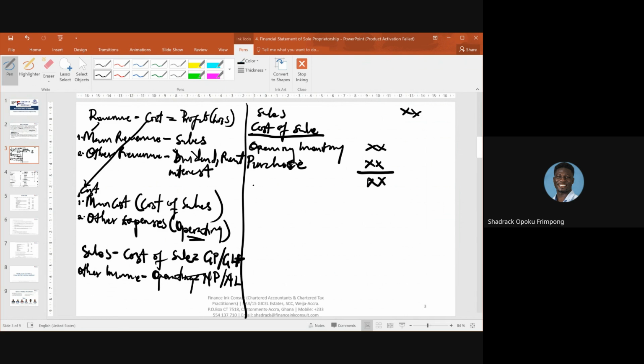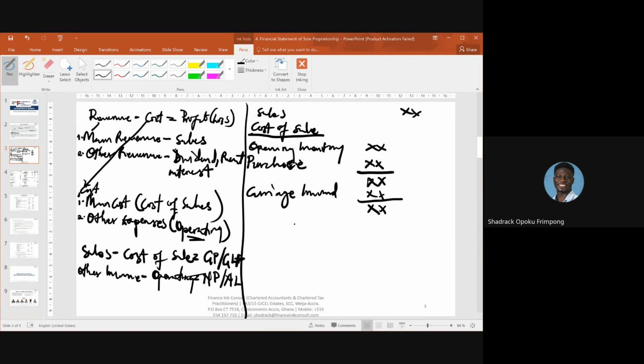And then if we incurred any transportation cost, right? So transportation cost. So let's say carriage inwards. Then let's say they were returned. Probably when we brought the goods, we realized that when we were arranging them in our warehouse or in our showroom, some of the goods didn't meet the standard that we required.